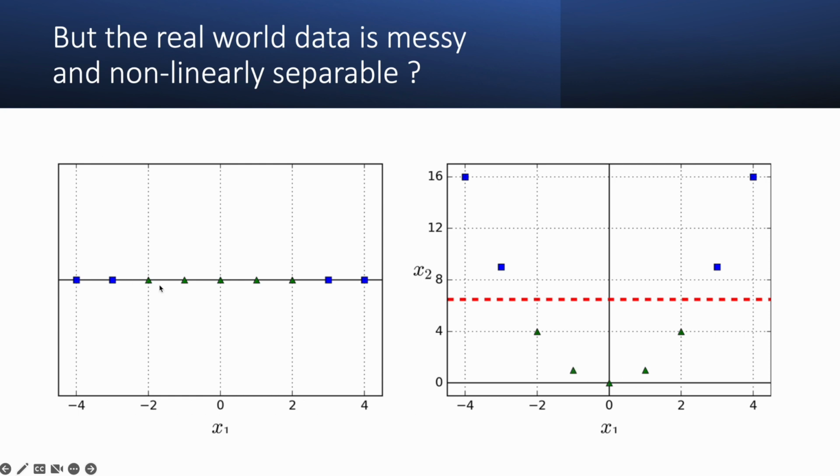Similarly, these data points are very close to 0, so they will rise a little here. The data points which are further away from 0 will rise higher on the x2 axis, and hence the data gets mapped into this two-dimensional space.